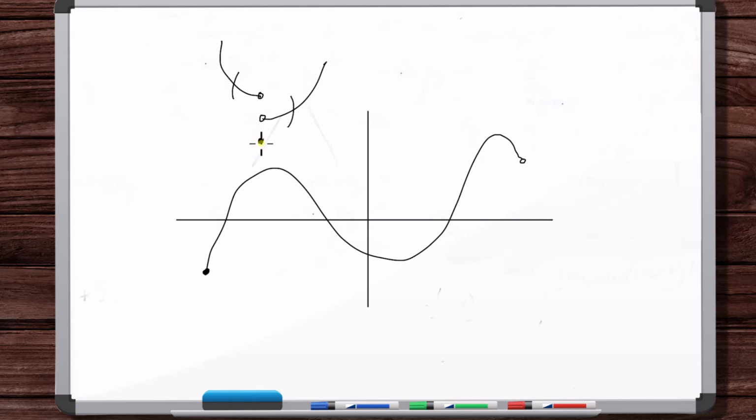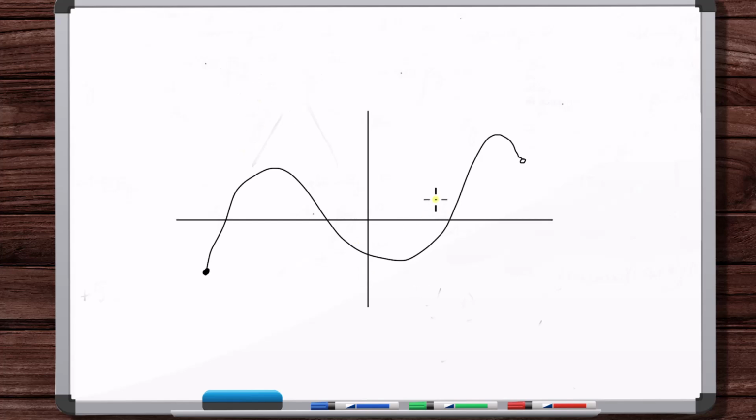Yeah, this point. That's a local min. That's a local max. That's neither. There is no local max or min, because here you can't specify a unique point, and you might say, well, is this the local min? No, you can't specify a unique point. It's undefined, or it's defined here.